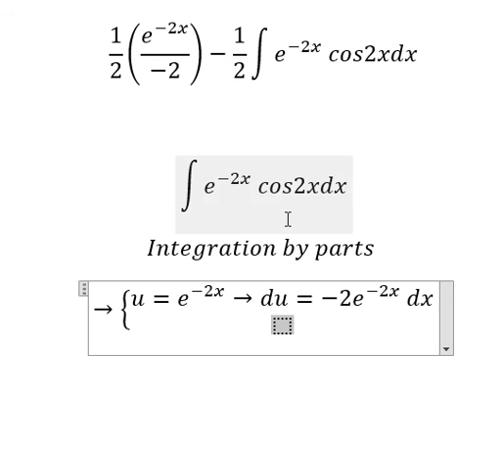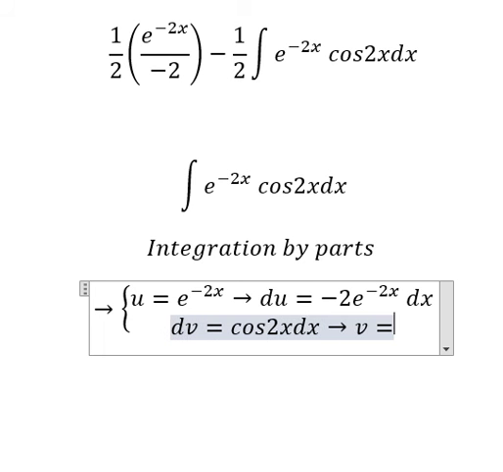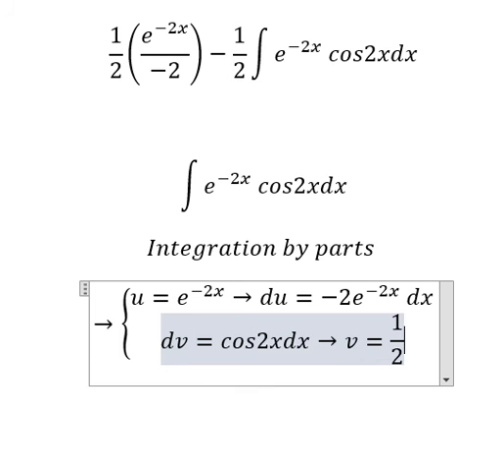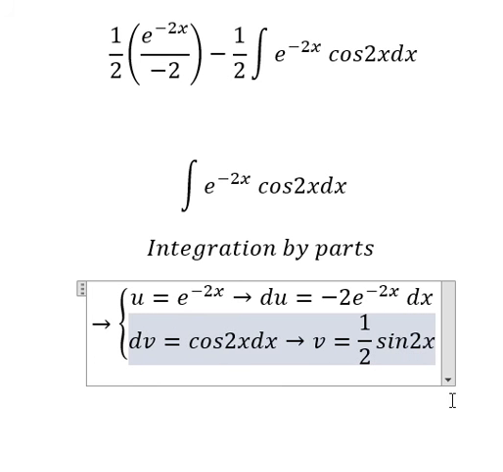So we have dv equals cosine 2x dx. If we do this integration, you will get v equals 1 over 2 sine 2x.